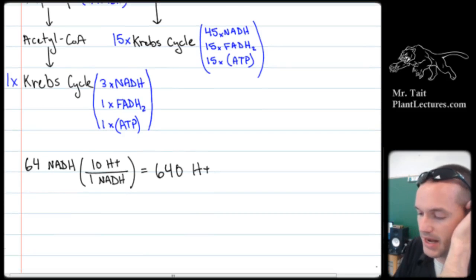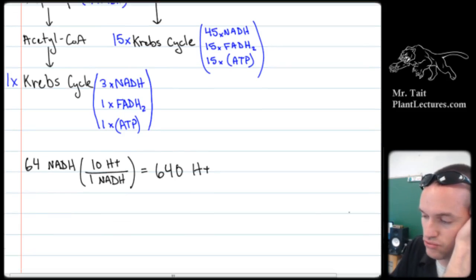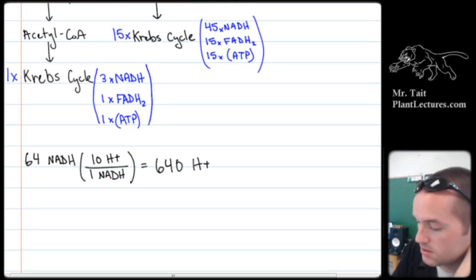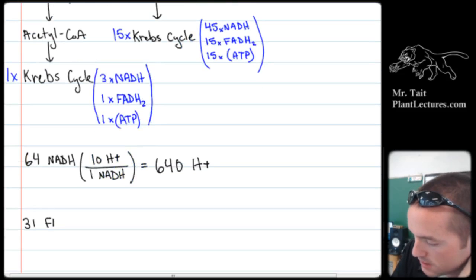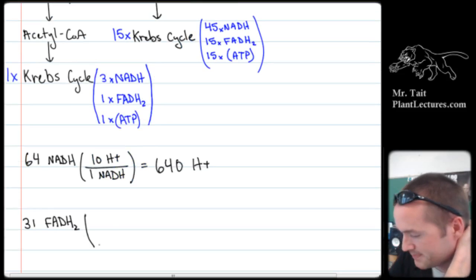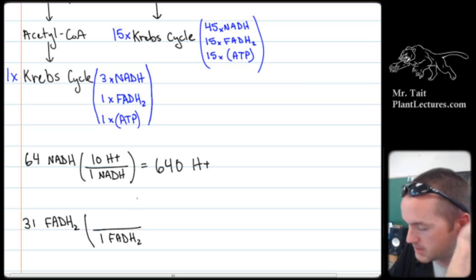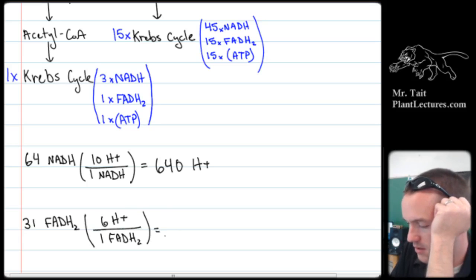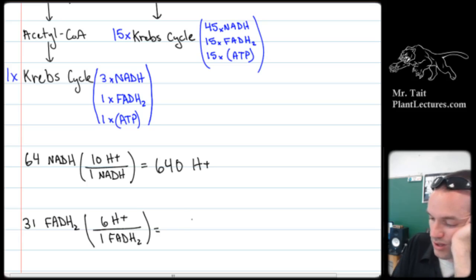All right. Then we had FADH2, so we had 15 plus 15 is 30 plus 1 is 31. So 31 FADH2. One FADH2 makes 6 H plus ions on the gradient. 31 times 6 is 186 H plus ions.